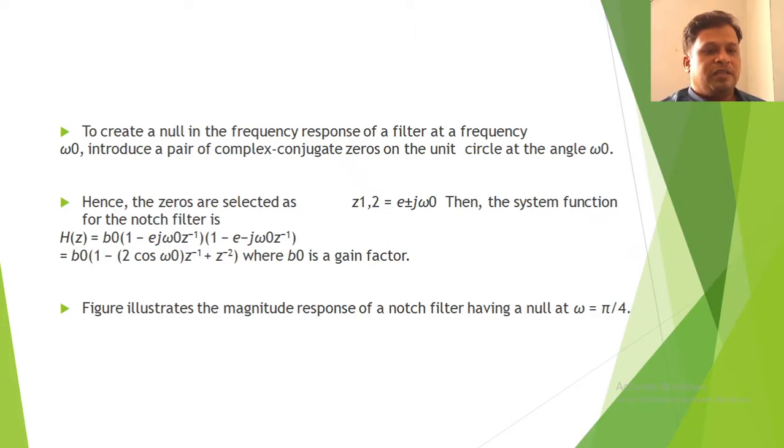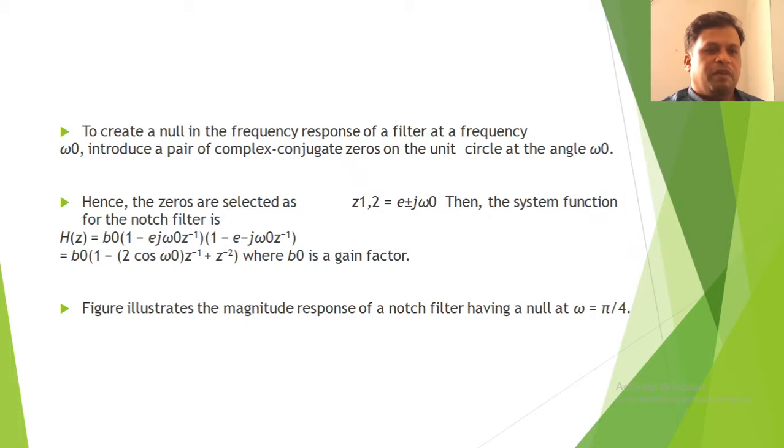Then the system function for the notch filter is H(z) = b0 (1 - e^(j omega naught) z^-1)(1 - e^(-j omega naught) z^-1). So, H(z) = b0 (1 - 2 cos omega naught z^-1 + z^-2), where b0 is the gain factor. This is the equation for finding H(z).